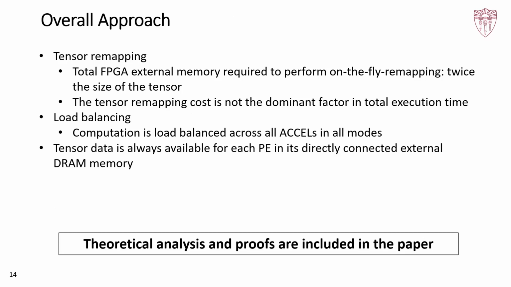And the tensor remapping cost is not the dominant factor of the total execution time. We also provide empirical results on this. And also when it comes to load balancing, computation is load balanced across all the axles in all modes. Tensor data is always available for each PE in its directly connected external DRAM memory.